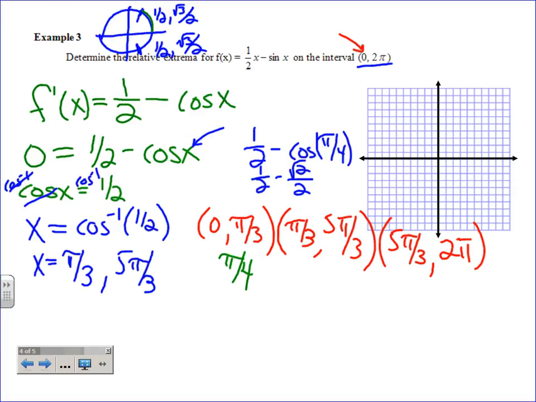Or you could say this is 0.5 and this one's about 0.707. And so if you subtract, you're going to get negative. And notice, did I sit here and get a common denominator and do all this work to find out exactly what it was? No. Why? Because I don't care. I just want to know if it's positive or negative.